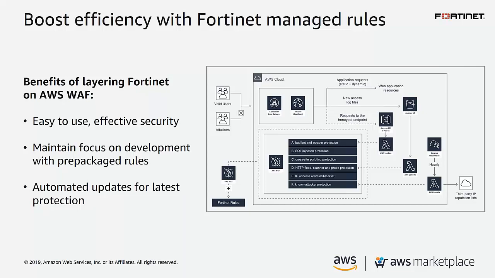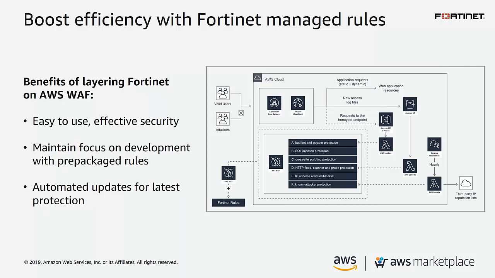So they've got bundles for known exploits, malicious bots, cross-site scripting, and then a complete package that covers everything. If you're using AWS WAF, there's no infrastructure for you to manage. If you use a set of partner managed rules, there's also no rules to manage.